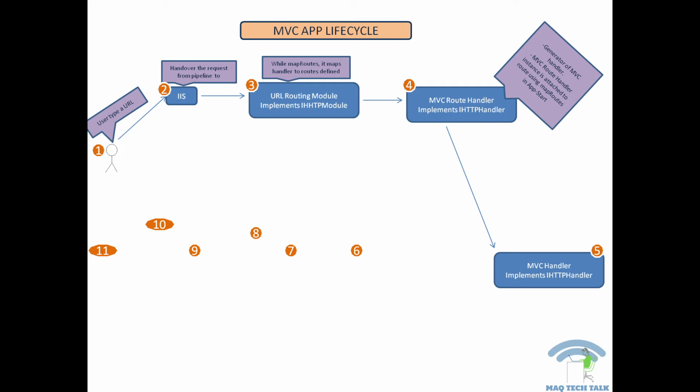Here I would say step number 5 is the core of the complete life cycle. It is a request processor, and there is a function called ProcessRequest in it, which creates the controller factory. If you were overriding this MVC handler, you would find the ProcessRequest function, which creates the controller factory.